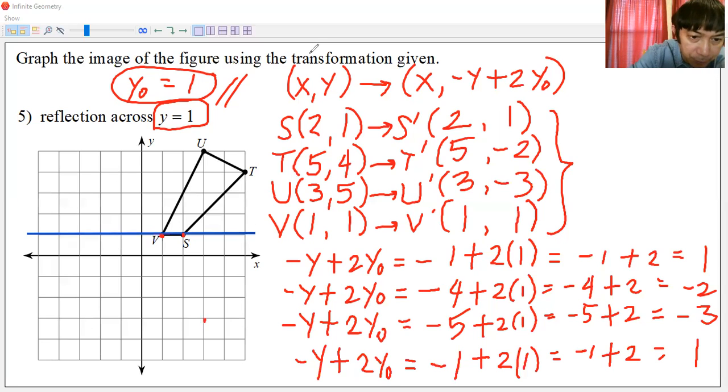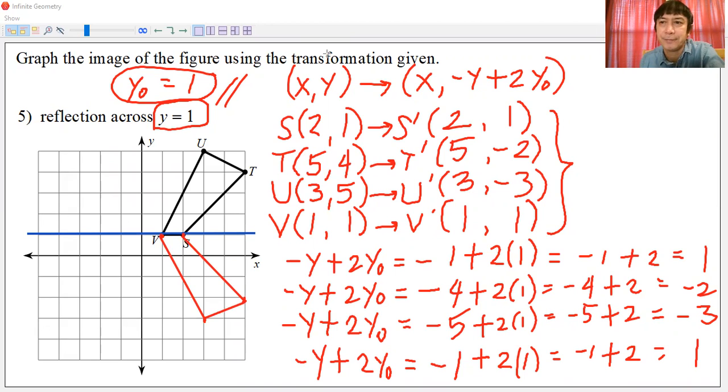So it must be over here. And our T prime is 5, negative 2. It must be the one over here. So all we need to do is connect these 4 points. Okay, so we're done. That gives us the answer for number 5.